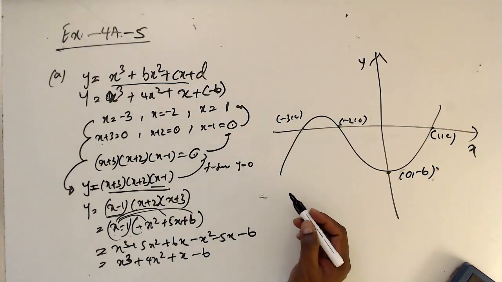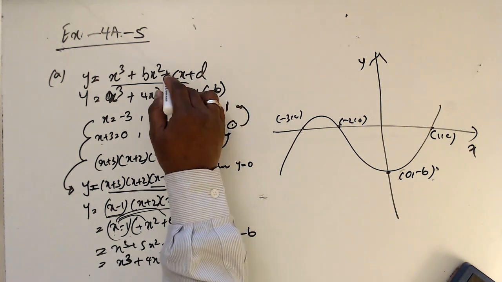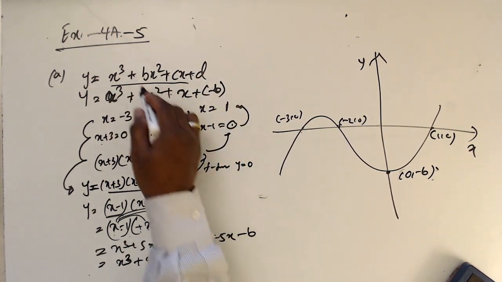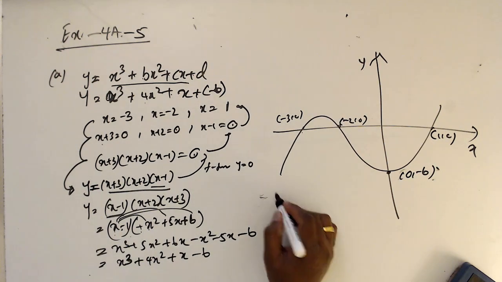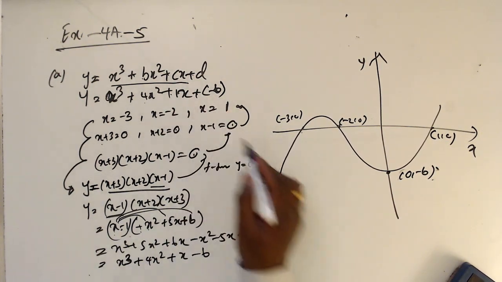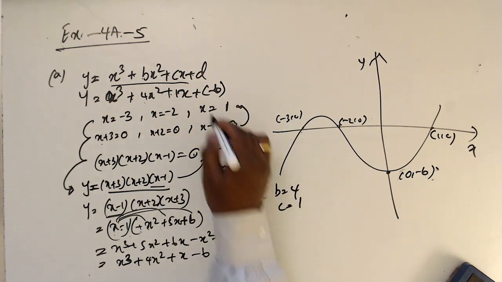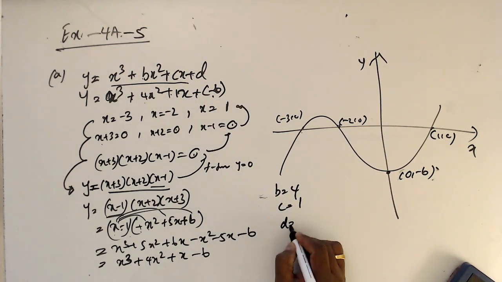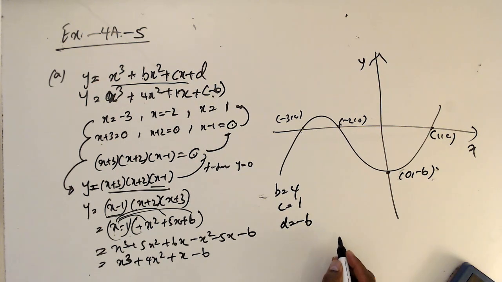I write plus minus 6 because I match with these symbols. Now I can see b is 4 and c is 1 and d is minus 6.